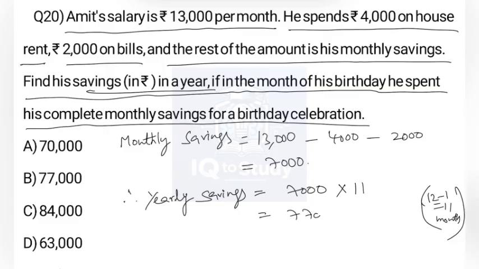So 12 minus 1 is 11 months. That is equal to 77,000.